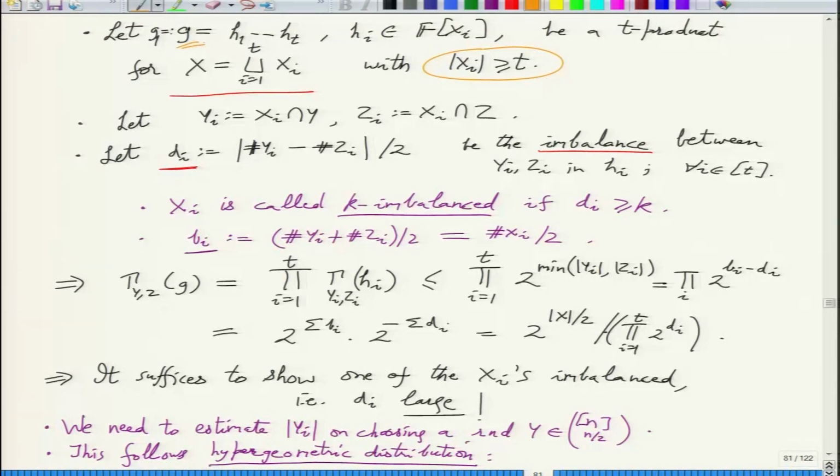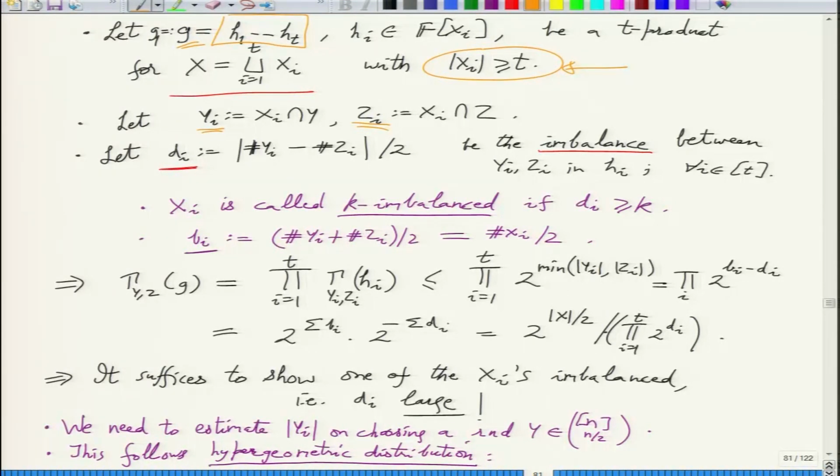So we are looking at this G, that is the product of H1 to HT. Each Hi depends on at least T variables. So the variable set of Hi is Xi, and we are assuming its size is at least T. And we pick Y, which is a random subset of n by 2 variables of X, and then we will study what goes in Y and what goes in Z for the Xi variable set.